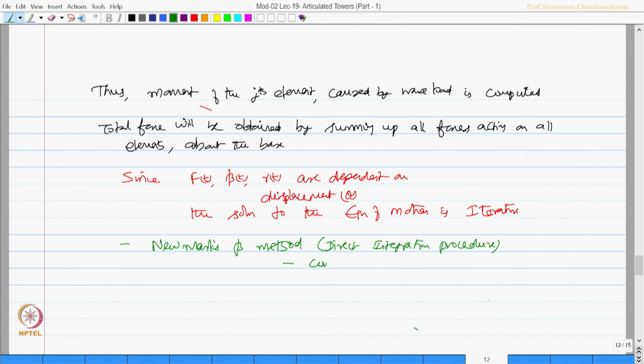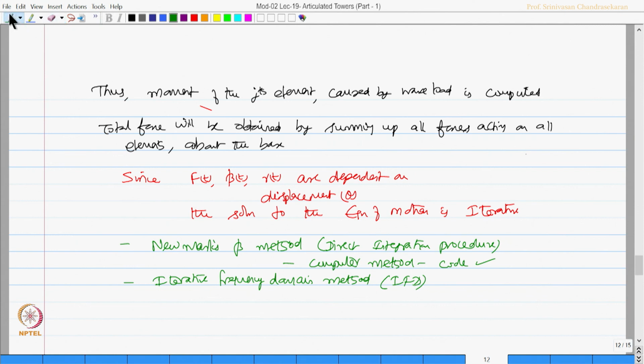The computer code for solving this problem is already available to you. You can alternately solve this problem using the iterative frequency domain method, which is a relatively new concept in solving equations of motion of this type.